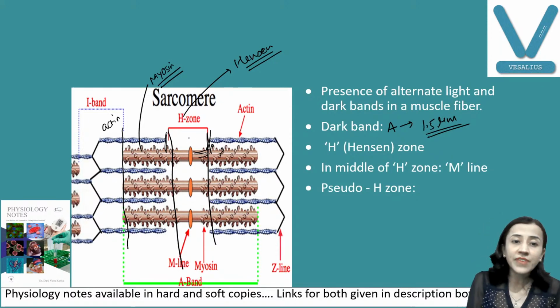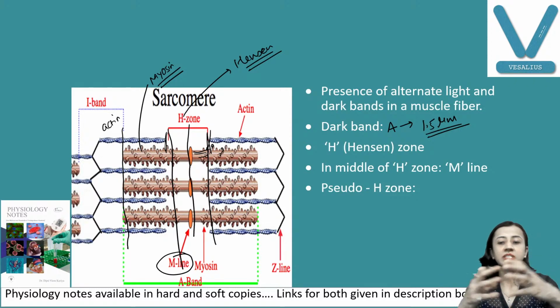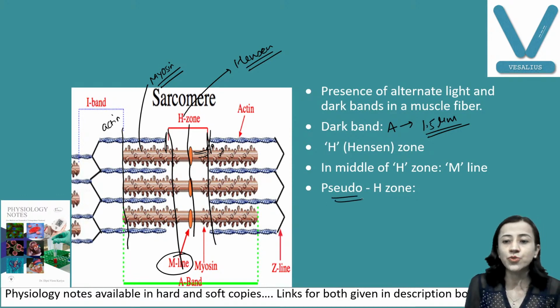In the middle of the H zone, you can see the M line, due to central bulging of the A band. This M line becomes more prominent when your muscle contracts. Another is the pseudo H zone. Pseudo H zone means this M line.